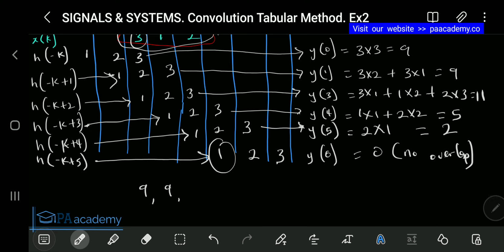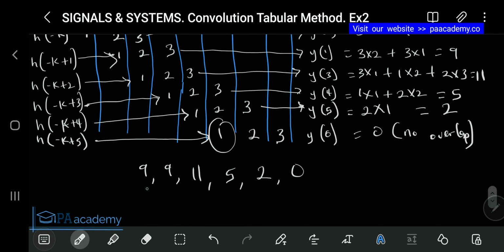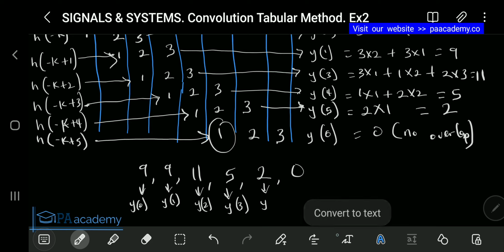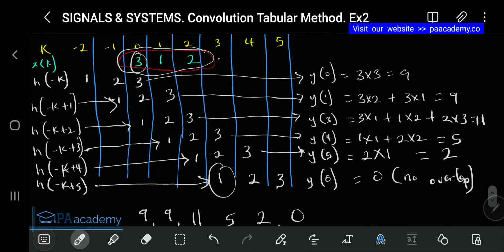9, 9, 11, 5, 2. Then you can add 0 just to let you know that at that point there is no overlap. So this is for y of 0, this is for y of 1, this is for y of 2, this is for y of 3. Okay, I think I've mixed something up here.